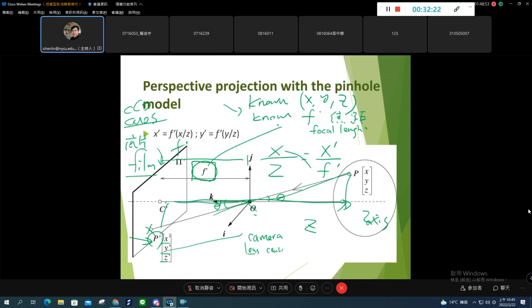So whenever we move up here, we get x prime is equal to f prime multiplied by x divided by z here. Okay, so this is a simple projection for the point P here, and through the same idea, we can get the y prime here.